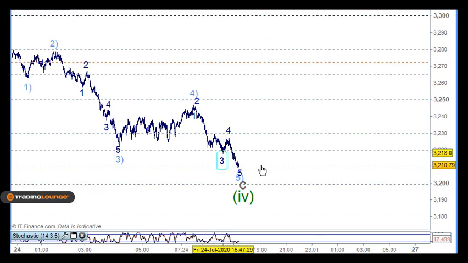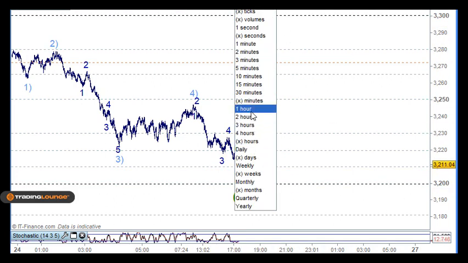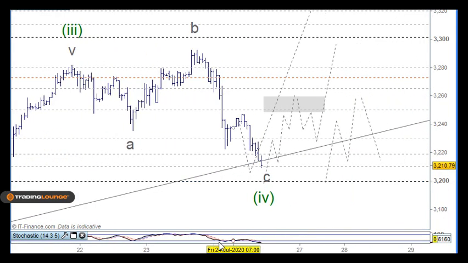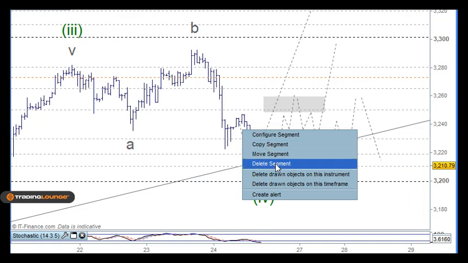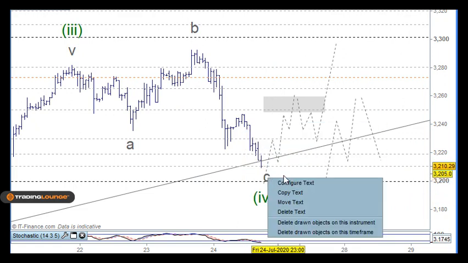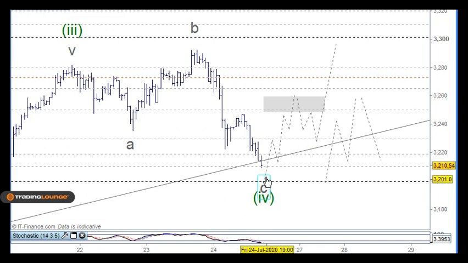I need to draw over here, so I'm just going to go back to the hourly chart now. We've got a bit of an understanding of this, and we talked about this this morning, and we've drawn over this. So we're pretty close down here, as you know. It may extend down further.